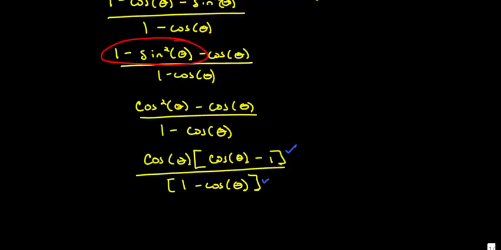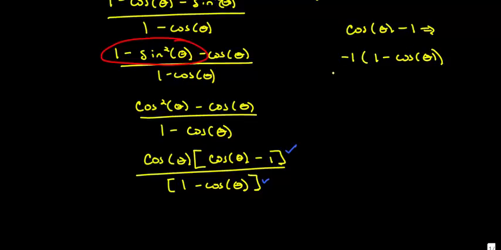So I'm going to do a trick here. I'm going to say that cosine theta minus 1 is the same as negative 1 times 1 minus cosine theta. So what you should look at is how I did that.